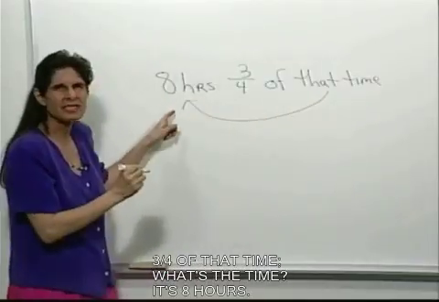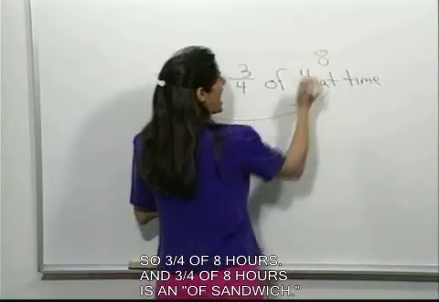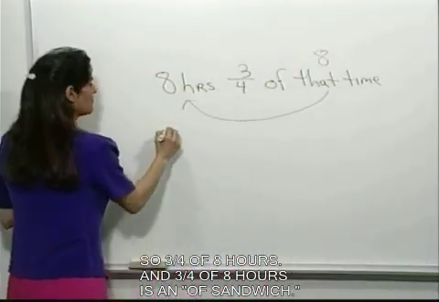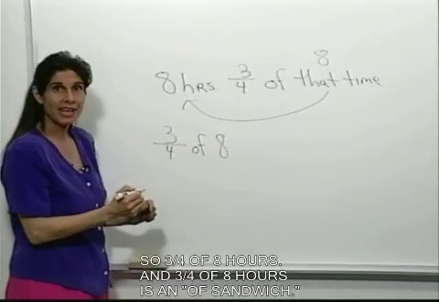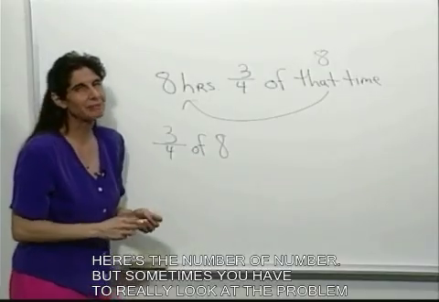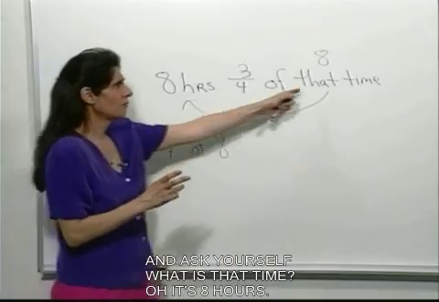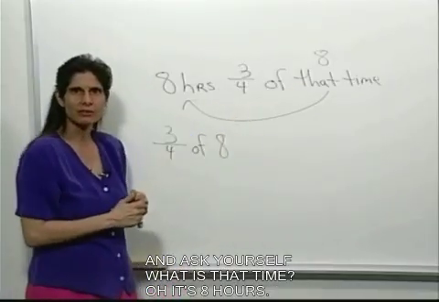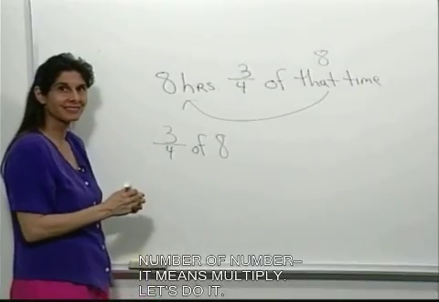So 3/4 of 8 hours. And 3/4 of 8 hours is an "of" sandwich. Here's the number of number. So sometimes you have to really look at the problem and ask yourself, what is that time? Oh, it's 8 hours. Number of number. It means multiply. Let's do it.